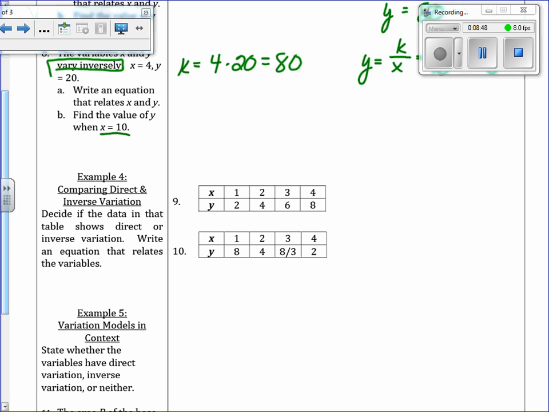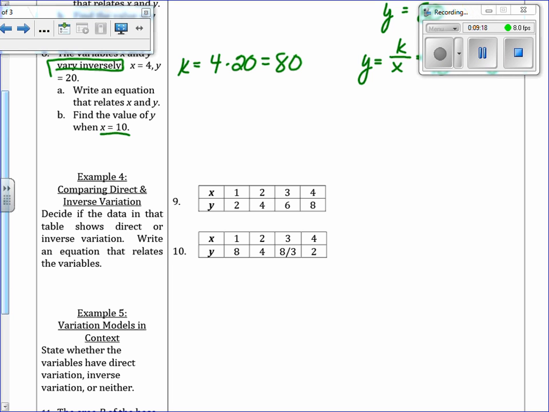Basically, for direct variation, every y divided by x would give us the exact same constant. For inverse variation, x times y would give us the exact same constant. Okay, so that's what we're looking for.